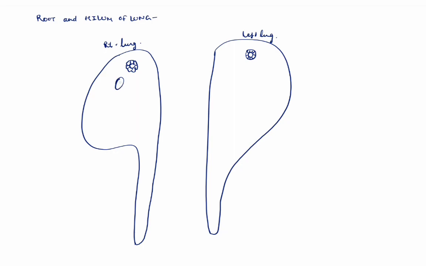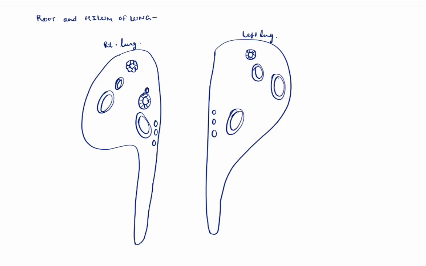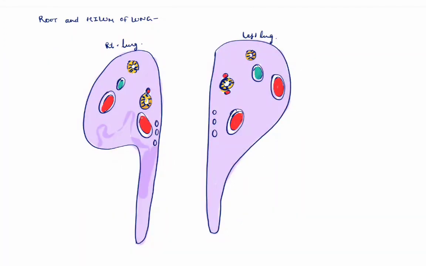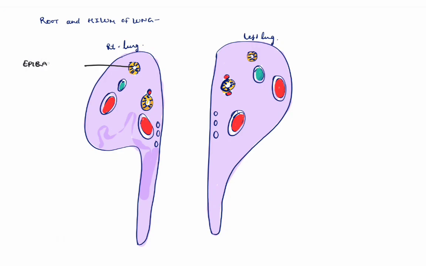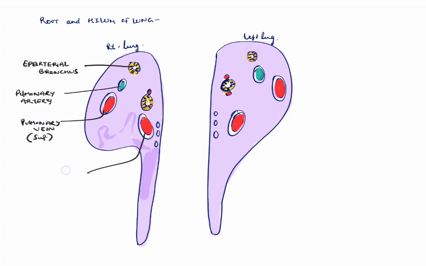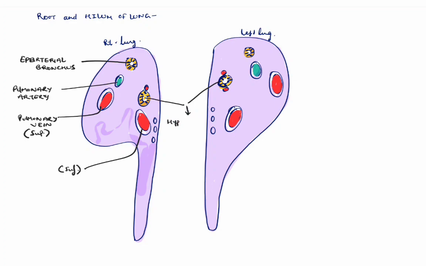Root and hilum. Understanding this, what is the root and hilum of the lung? The bronchi and the pulmonary vessels that extend from the trachea and heart collectively form the root of the lung, and the part of the medial surface where these structures, that is bronchi and pulmonary vessels, enter the lungs is known as the hilum of the lung. So collectively these are known as the root, and where they enter on the medial surface is called the hilum of the lung.